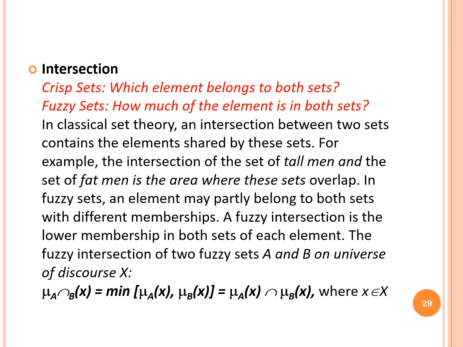A fuzzy intersection is the lower membership in both sets of each element.